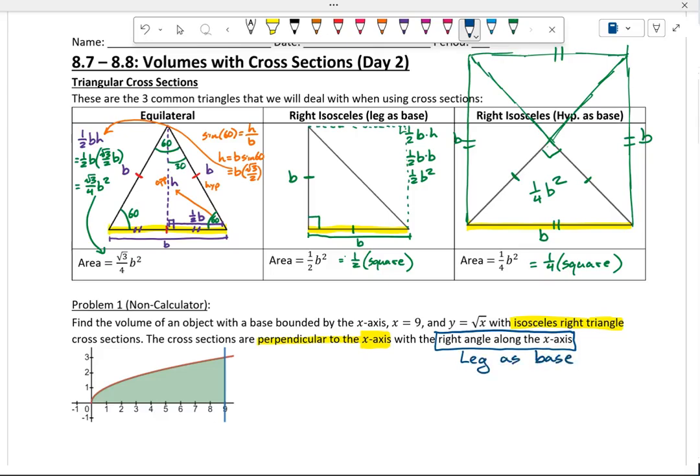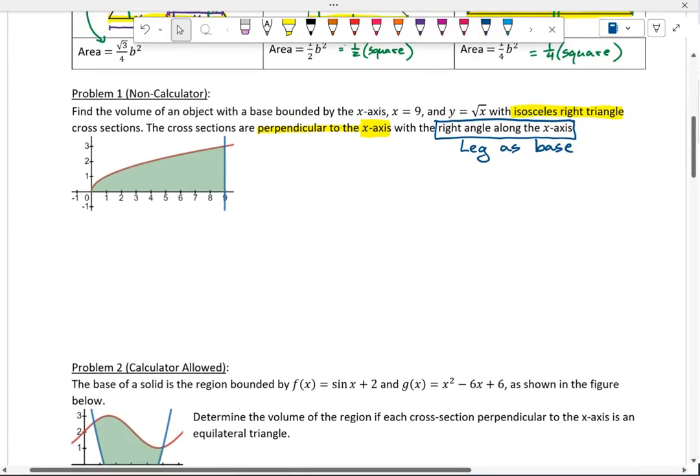Okay, the right angle is along the x-axis. So in a sense, we want to think this right angle that we have right here is going to be along that x-axis. We'd have triangles coming out, and there'd be a right angle happening there. It's not very well drawn, but you get the idea, right? So we now know which one we're going to be doing. We know our cross section. We know we're in terms of x.